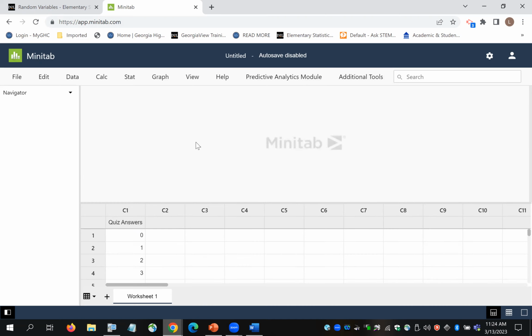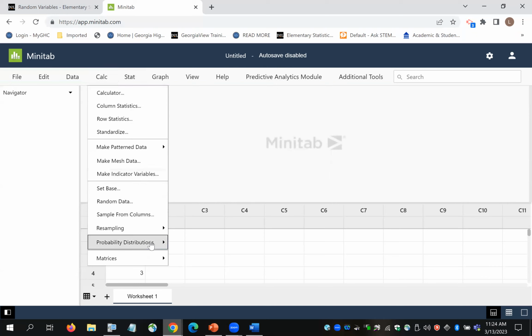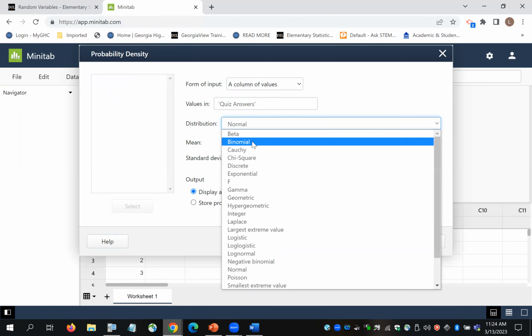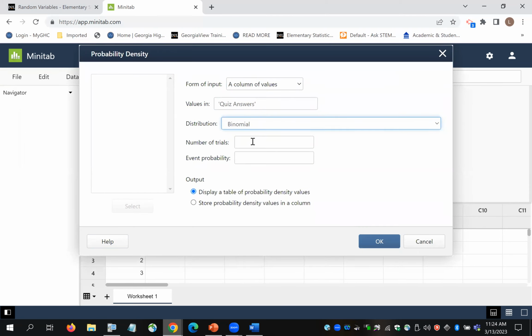Then we calculate a probability distribution, probability density function for a column of values, and they are in column 1. We are doing a binomial distribution.